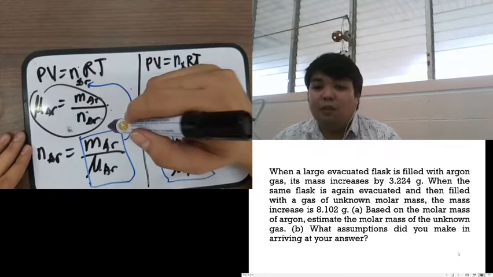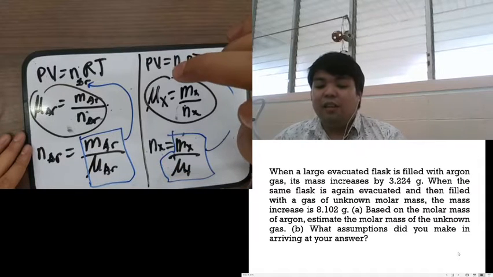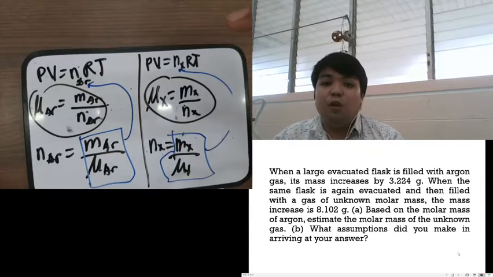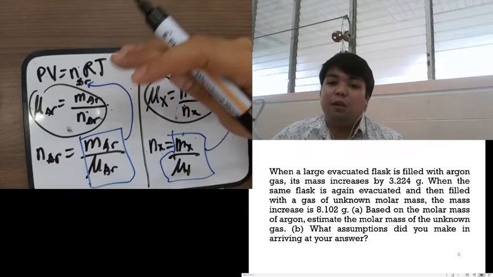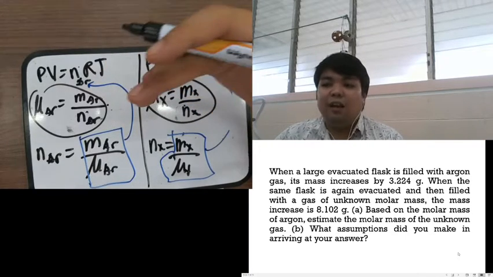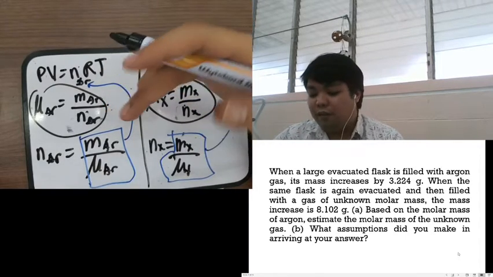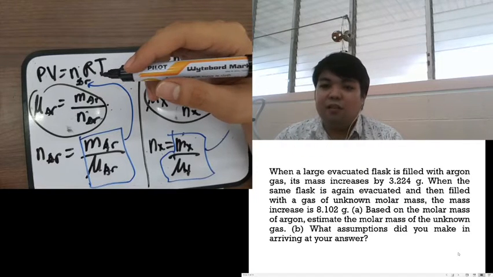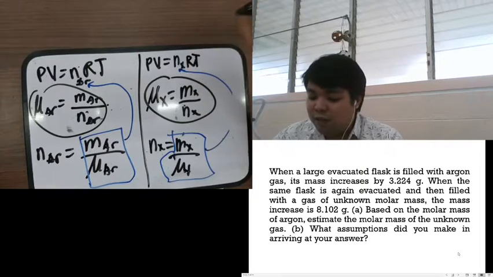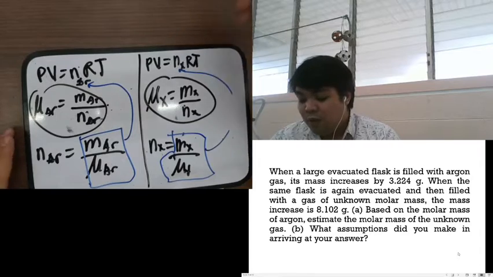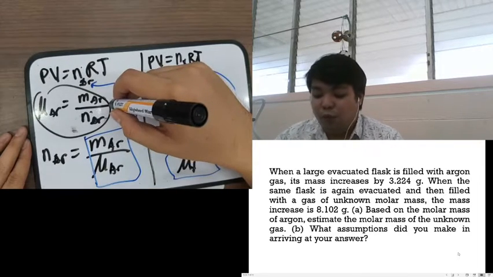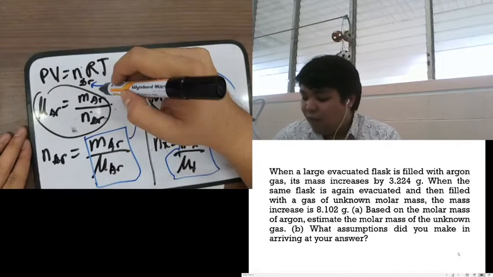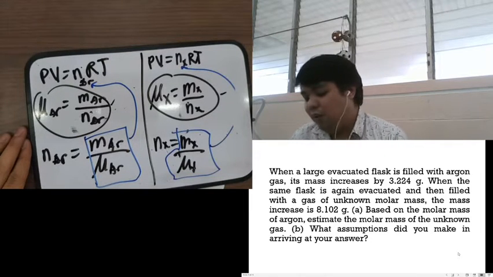Remember that the definition of the molar mass is the mass of a pure substance, may it be an element or a compound, present in 1 mole of it. Since its unit is grams per mole, that means the molar mass is equal to the mass divided by its number of moles. So we do that both in argon and in the unknown gas, namely X.